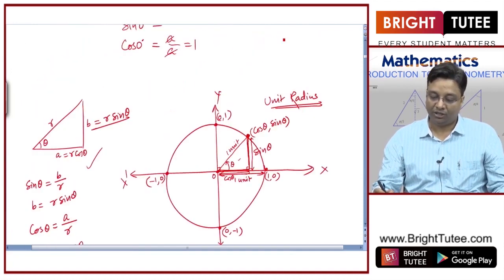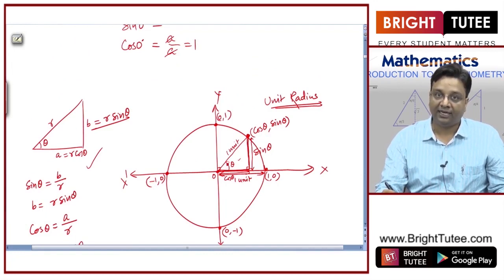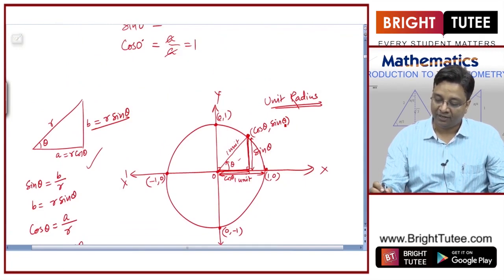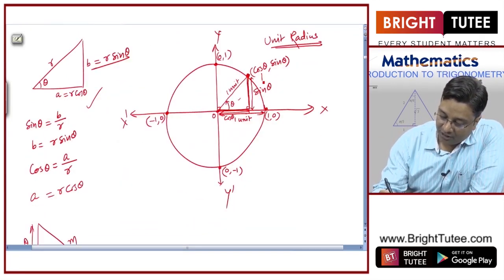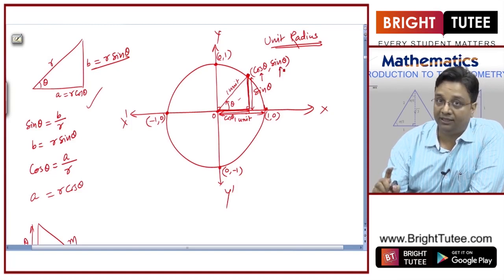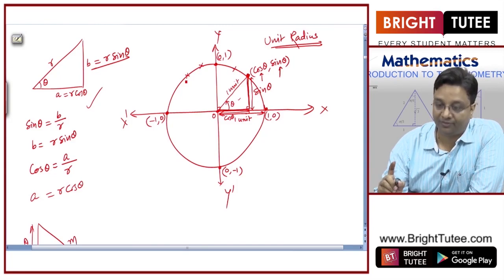So, the coordinates of any point on this circle will be of the type cos of the angle at the center and sine of the angle, right. If this angle is theta, then the coordinates are cos theta and sin theta here, right. So, tell me, x coordinate is cos theta, y coordinate is sin theta, and every point on this circle will satisfy this, right.